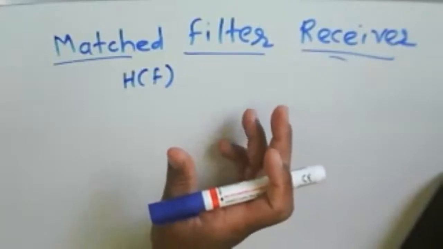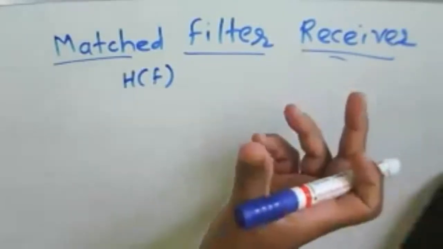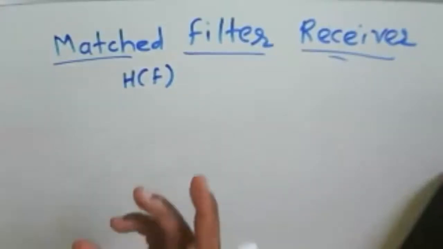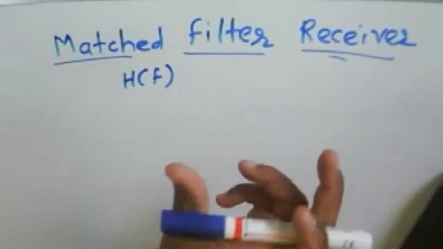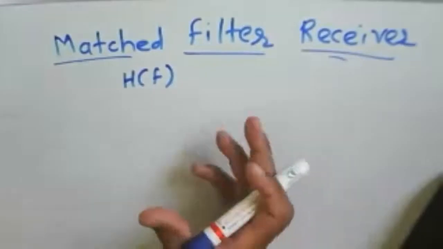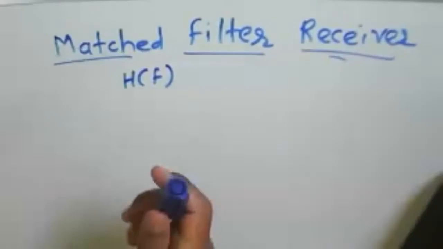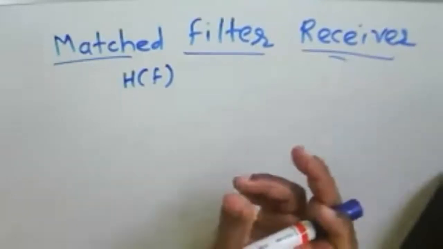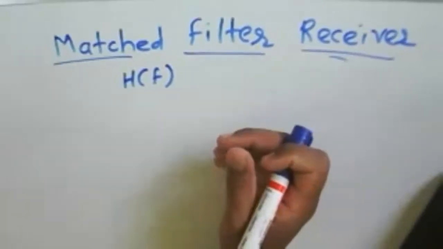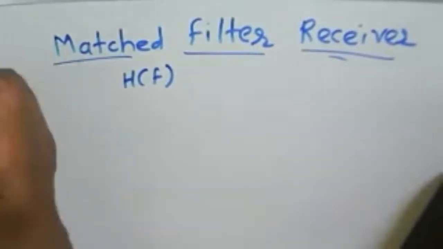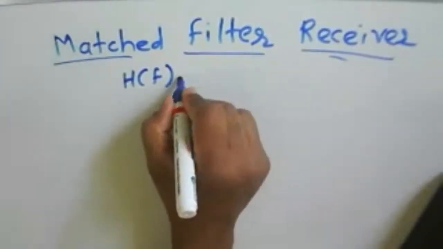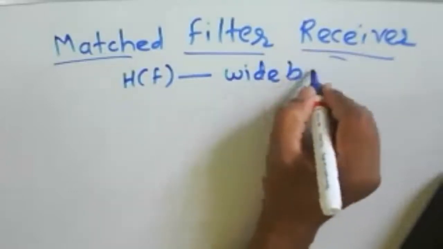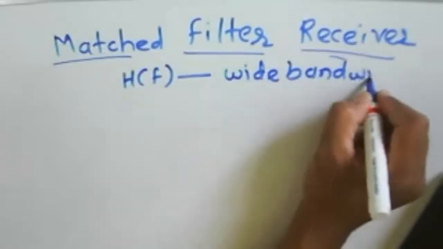A large bandwidth-occupied signal will be large within a particular band of frequency, and because of that, noise will be introduced in the network. So if we have a larger, wider, or excess bandwidth, noise will be introduced in the circuit. For this, we consider a wide bandwidth.